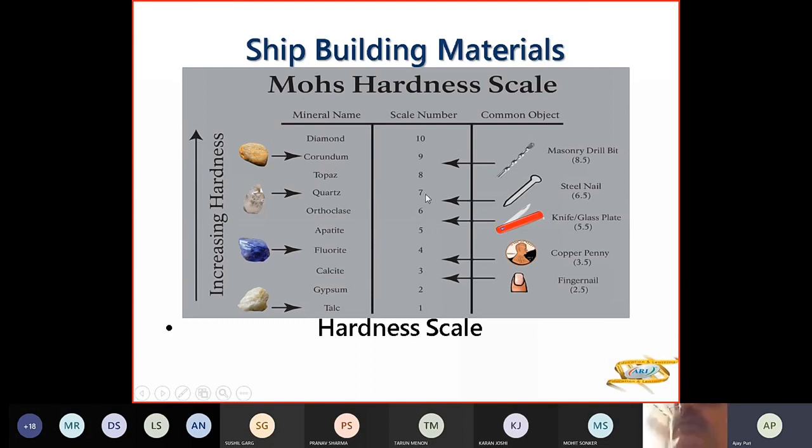Quartz is 7. Steel nail is 6.5. Orthoclase is 6. Knife or glass plate is 5.5. Apatite is 5. Fluorite is 4. Copper penny is 3.5. Calcite is 3. Your fingernail is 2.5. Gypsum is 2. Talc, with which you make talcum powder, is 1.